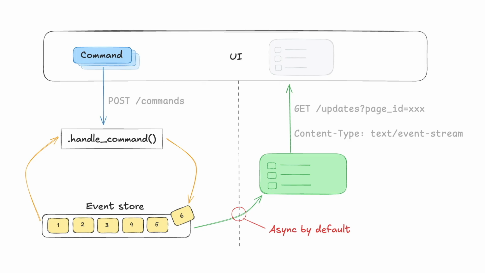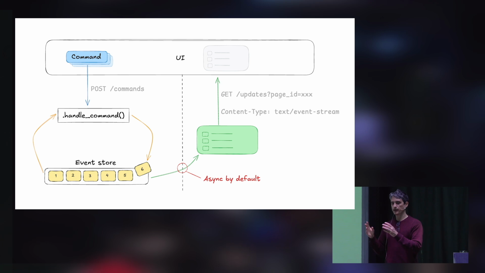We're back with this CQRS diagram, if you remember. On the left, we had the event source part, accepting commands and updating events. And on the right, we have these projections that are basically servicing the UI. But also, when the browser connects to one of these pages, it sets up a long-lived server-sent events connection back to the backend.